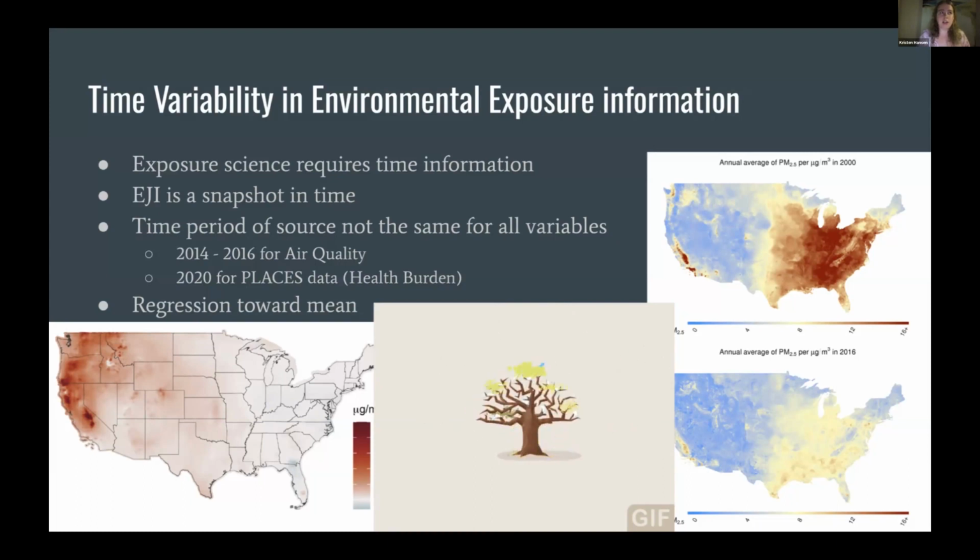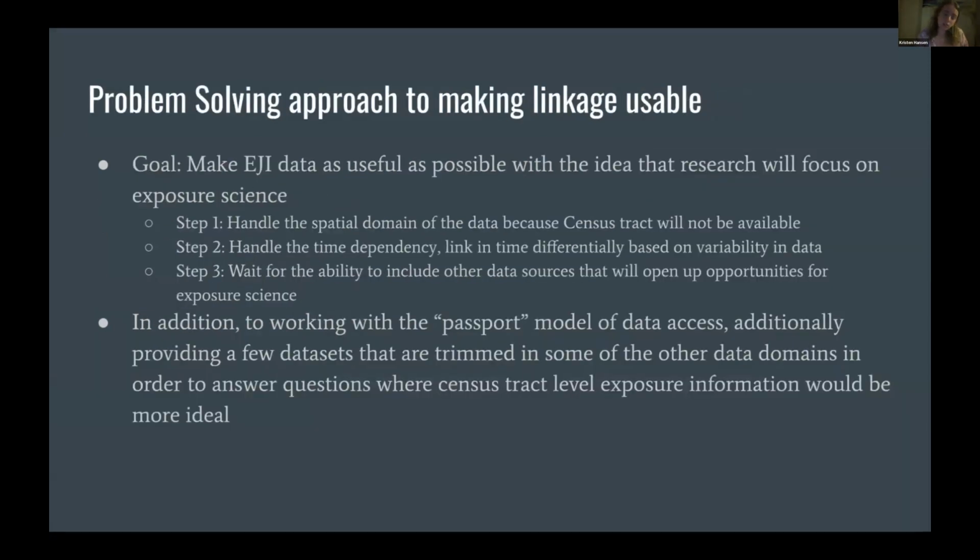So we are considering how to differentially link the different variables in time separately with the different individuals and their residential history. So the goal would be to make this EJI data as useful as possible to do some sort of exposure science.